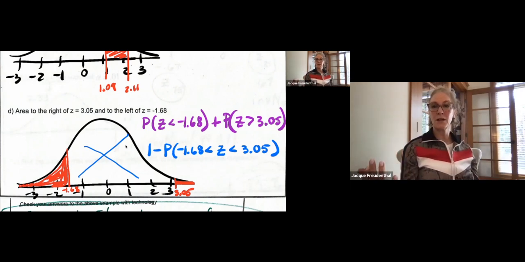And then I only have one command to type in. Otherwise, I would have to look at the left tail area, look at the right tail area, and add those together. But I can do it this way all in one.